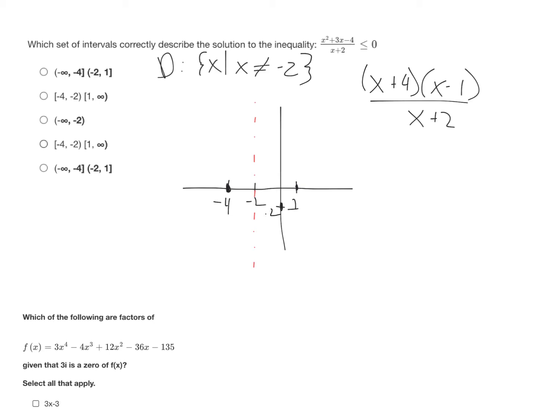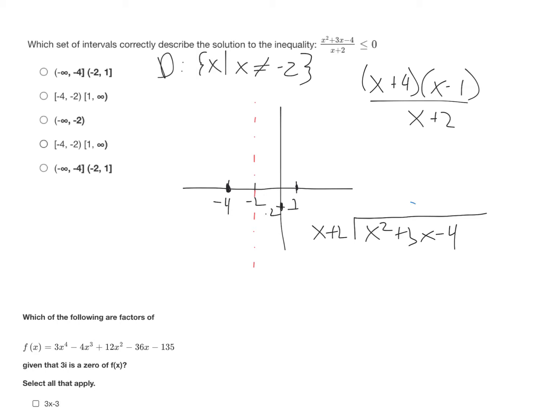And now I need to think about my end behavior. And the easiest way to think about end behavior is to think about actually doing the division. So if I were to do that, x plus 2 on the outside, x squared plus 3x minus 4, go through my division, and I think, all right, what do I have to multiply this x by to turn it into an x squared?